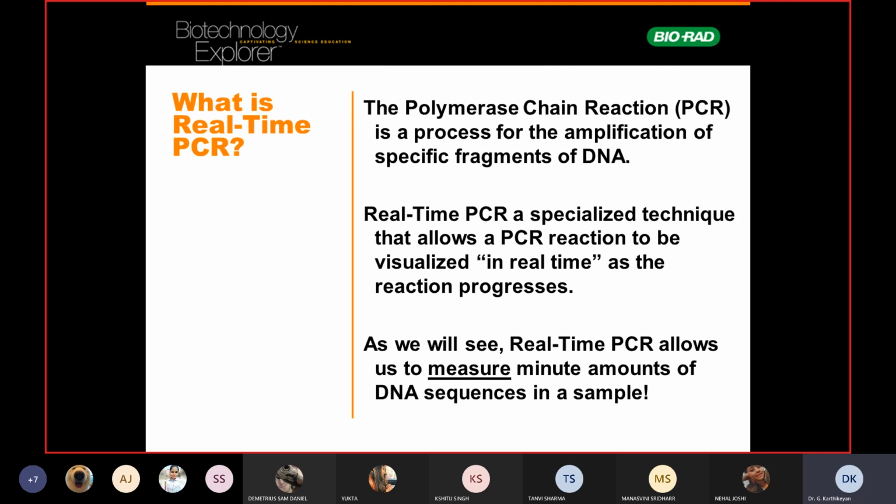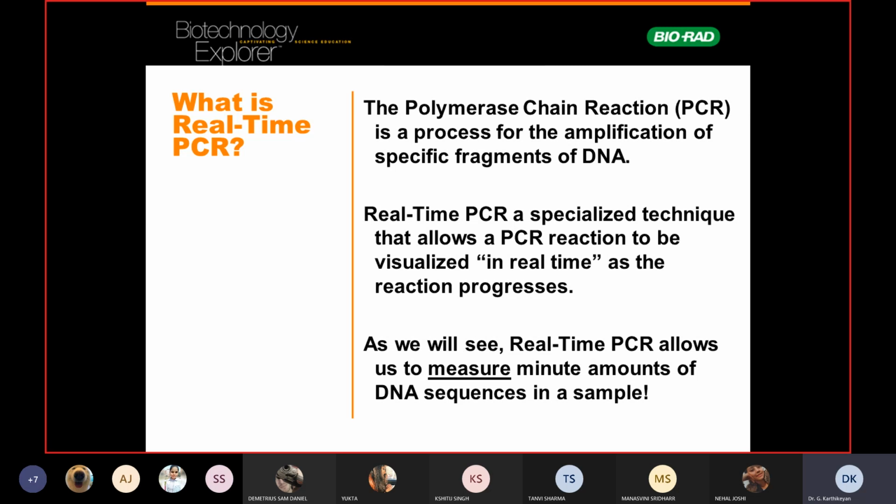As we saw, lane 3 did not have any PCR product, and it is basically a failed PCR reaction. But with real-time PCR, you will be able to visualize in real time as the reaction progresses. Basically, real-time PCR allows us to measure extremely small amounts of DNA in any given sample. That's the biggest advantage.